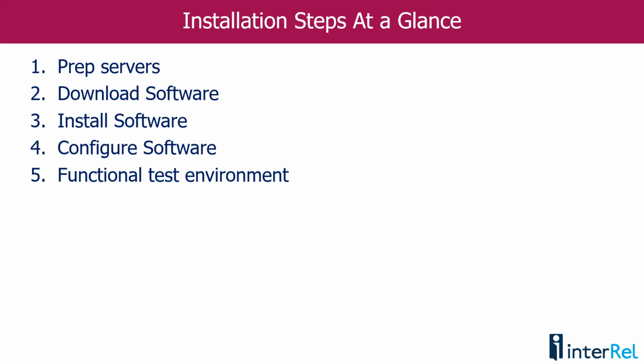Once we get the software downloaded and extracted, we then install the software. Once the installation portion is complete, we then configure the software. And after our configuration, our environment is ready for what we call, from a high level, a functional test. That's where we go in and make sure all the communication of the products works and everything actually does what we expect it to do.